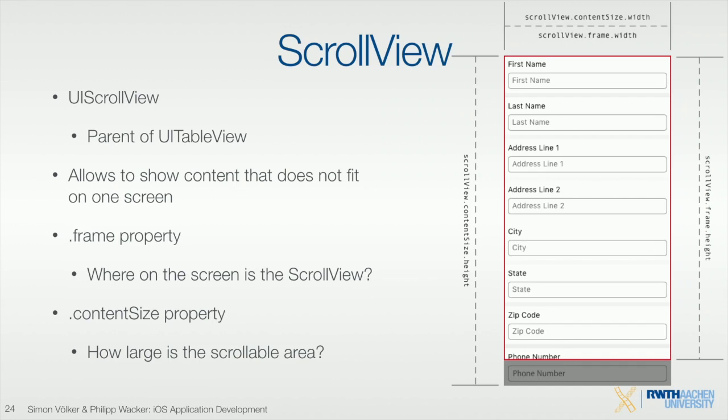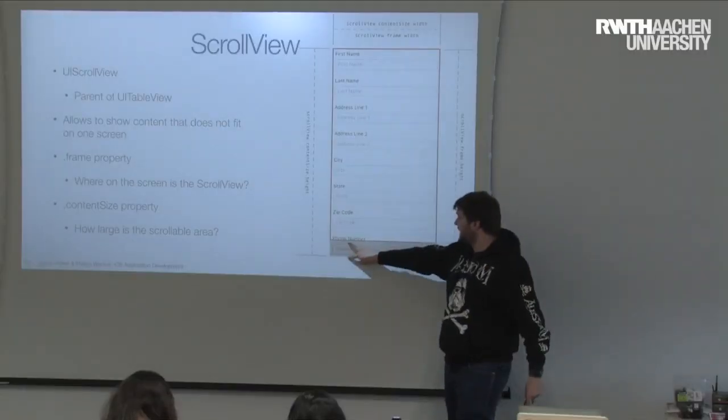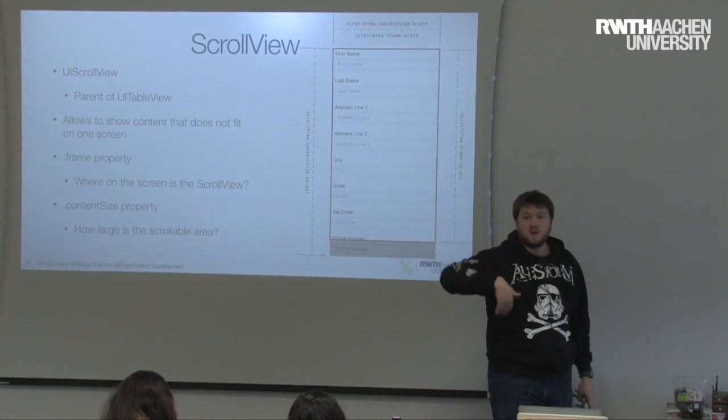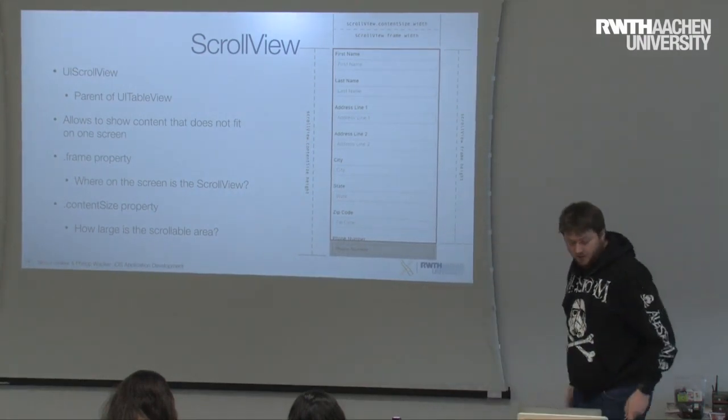So in this case, while the width of the content size is the same as the frame, it won't scroll horizontally, but since it's a little bit larger in the height, that means you scroll vertically through that.